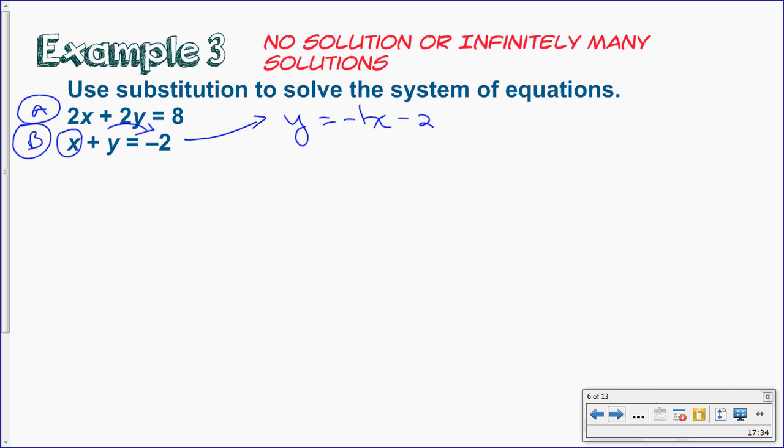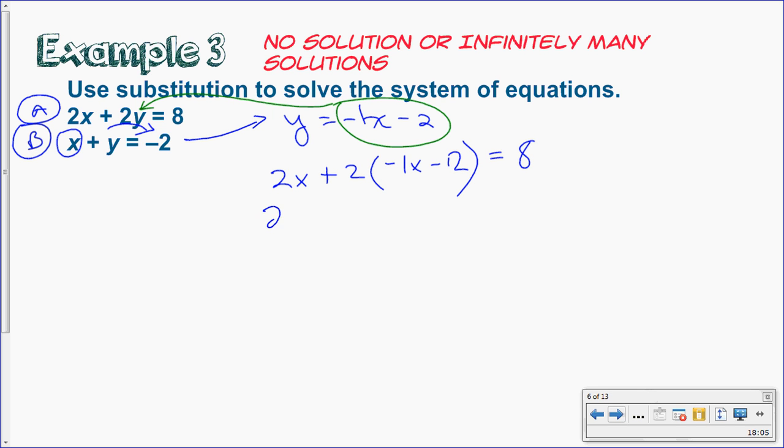Now, since I changed the equation B, I have to substitute back into equation A, right? You guys with me? For that y, don't forget what's in front of it. We'll go 2x plus 2 times what? Good. Equals 8. Read it off to me.